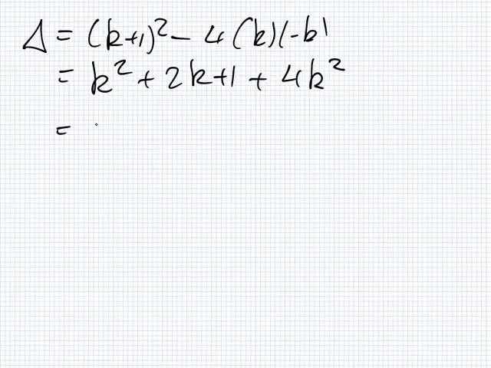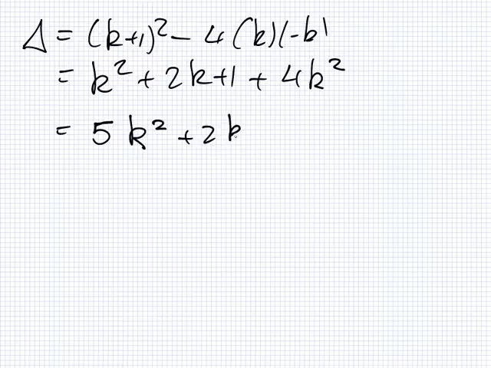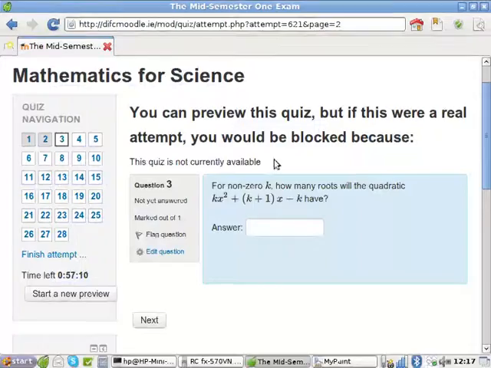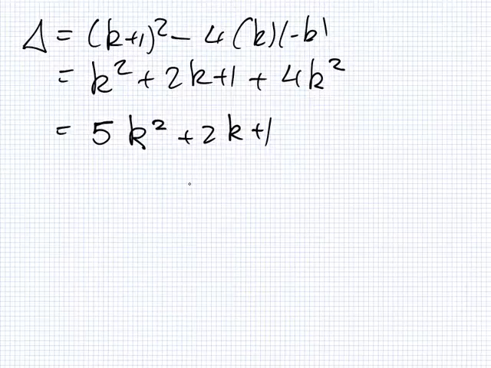That's 5k squared plus 2k plus 1. Is that okay so far? Yep. So, what should I do here? Complete the square, right?